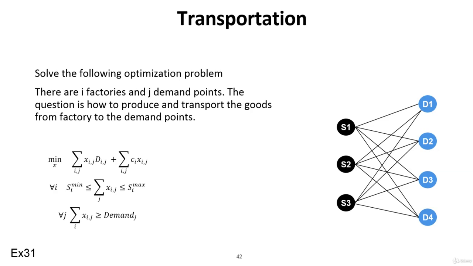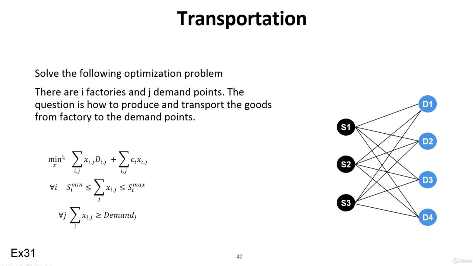Hi, this is the transportation problem. In this example, we want to know if we have some factories, let's call them I, running from S1 to S3, and there are some demand points D1 to D4, and the question is how much each factory should produce in order to minimize the objective function, which is the summation of the production cost and the transportation cost.